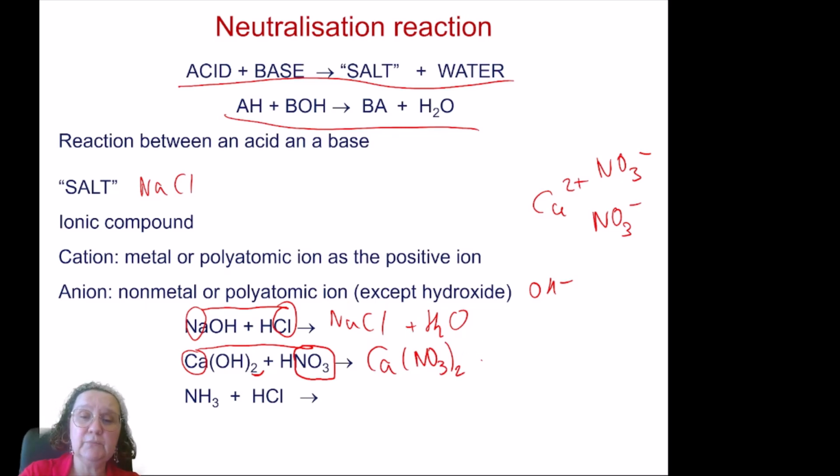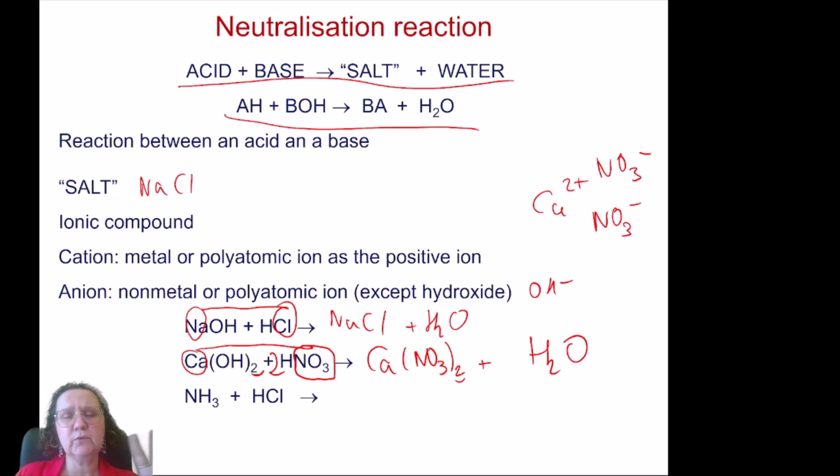And again, you make water. But in this case, you cannot stop right here. You need to balance the equation completely. You need 2 nitrate groups, so they both are going to come from the nitric acid. That means you need 2 molecules of nitric acid for each molecule of calcium hydroxide.